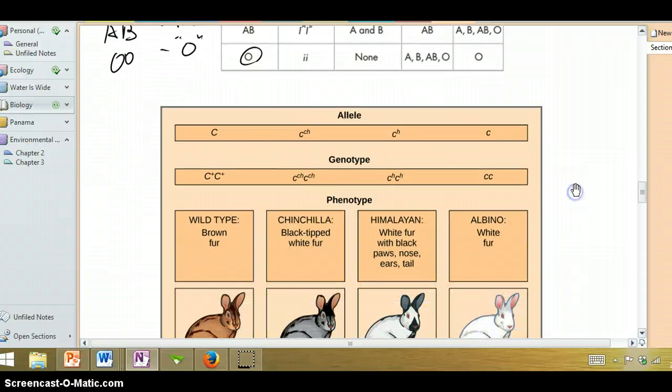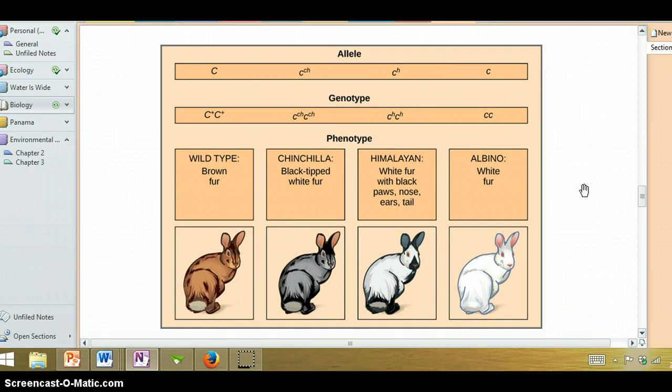Another example that's out there is coat color in rabbits, and notice in this one there are four alleles. There's the dominant form, or what's sometimes in genetics called the wild type form, which essentially is the most common type, and that's brown fur. And notice they designated it capital C with a plus.